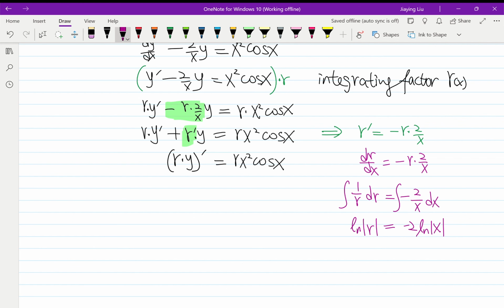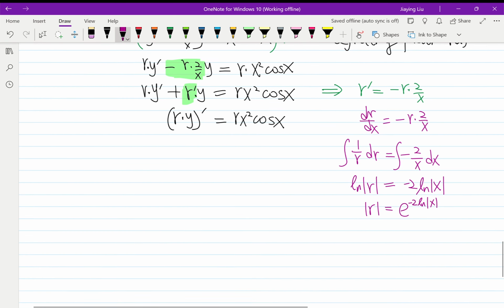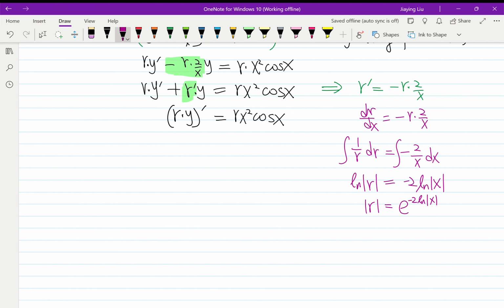And solve for r there, so we get absolute value of r equals base e raised to the negative 2 natural log absolute value of x. The next step might be a little bit confusing when I'm simplifying this side, so I'll take it step by step. This is positive, right?